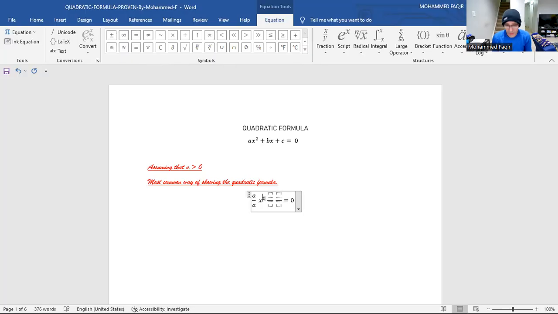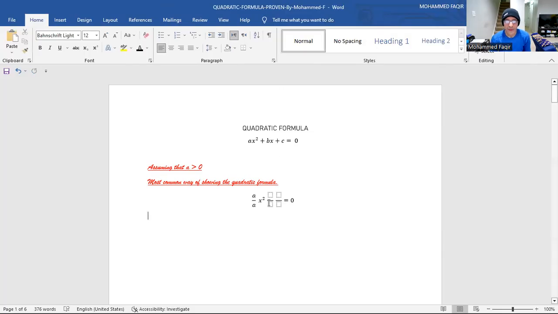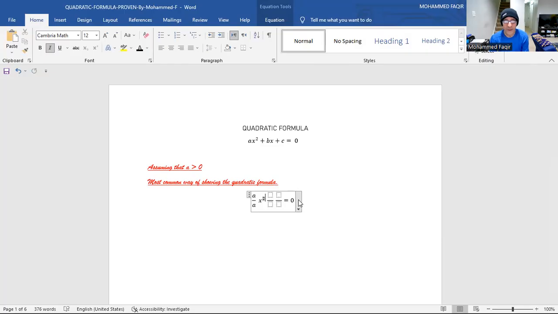We can just raise to the power of 2 if we can.